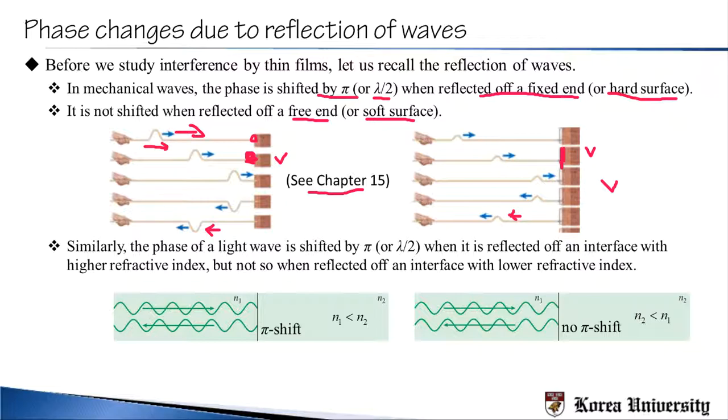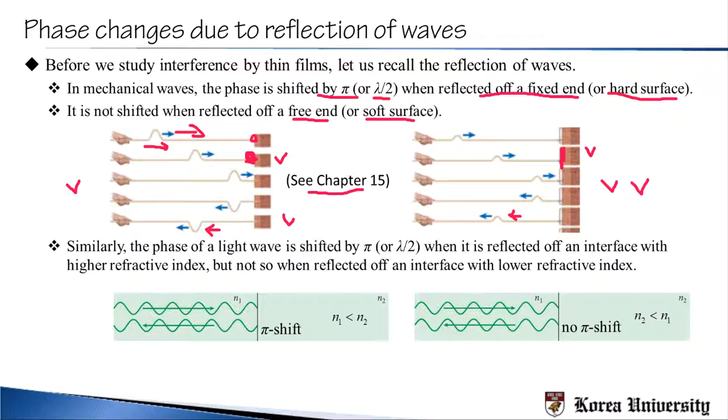Very similar thing will happen when light waves get reflected from a surface. And then of course, how can a light wave be fixed like this? Of course, it is not fixed. Actually, as I said, the left side is like a hard surface, and the right side is like a soft surface.